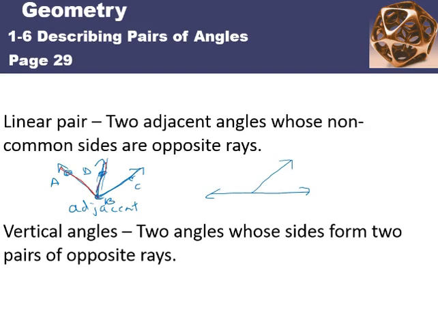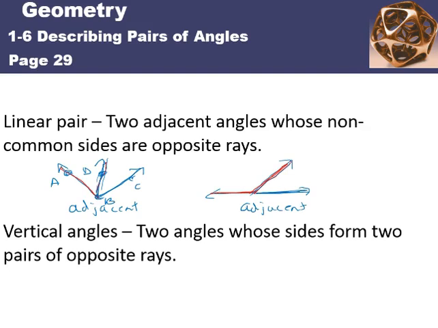We have the blue angle and the red angle. The red angle is this angle right here, and the blue angle is this angle right here. These are also adjacent, but one of these forms a straight line, and it's this one.